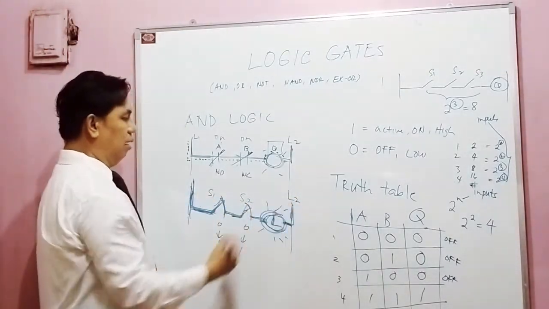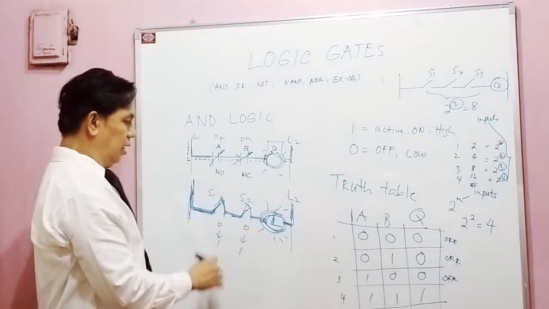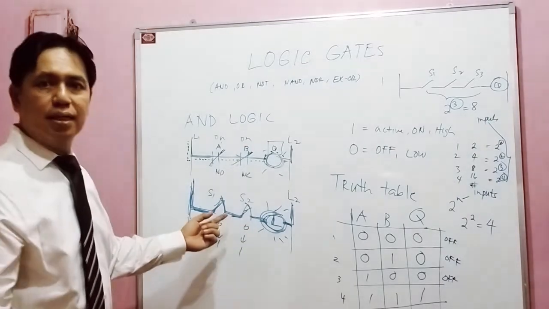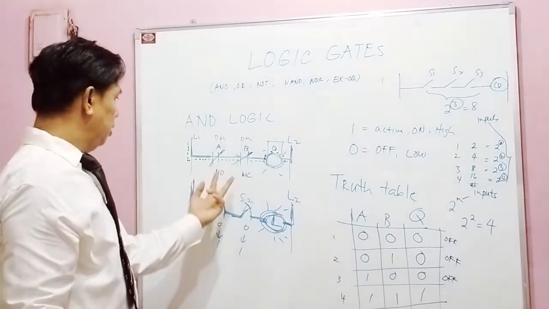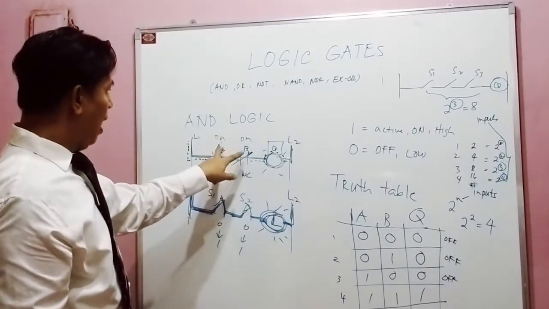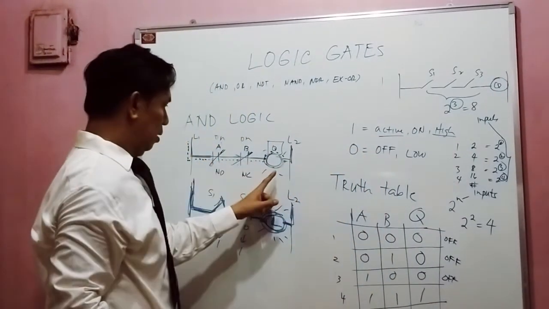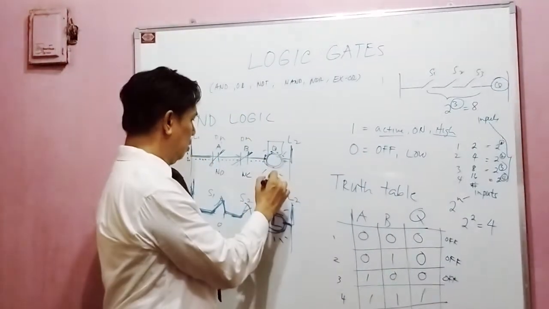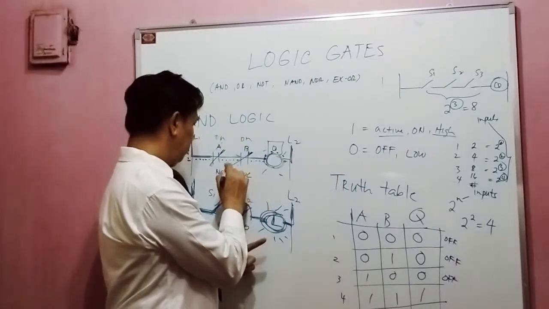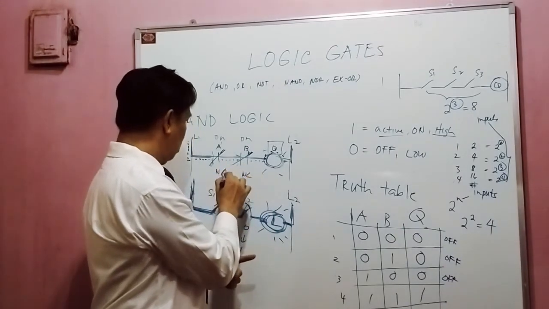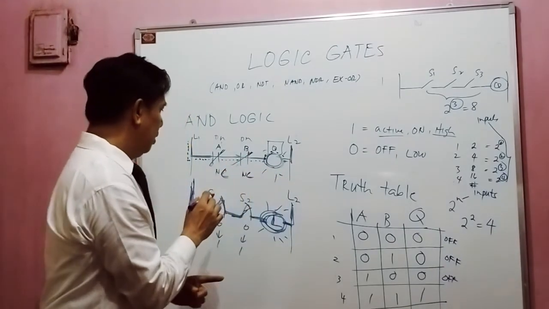So it will have a complete circuit, and that is basically the AND logic. It requires two inputs to have a high value, active or on, so that the output will also become on. So if you close it, it will become 1.